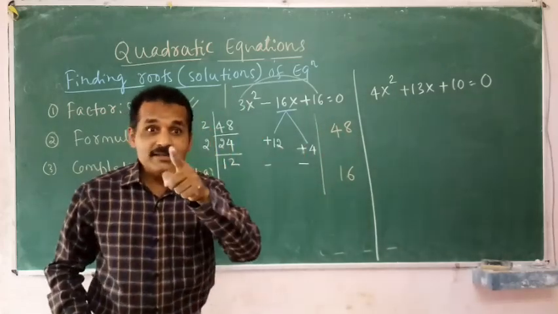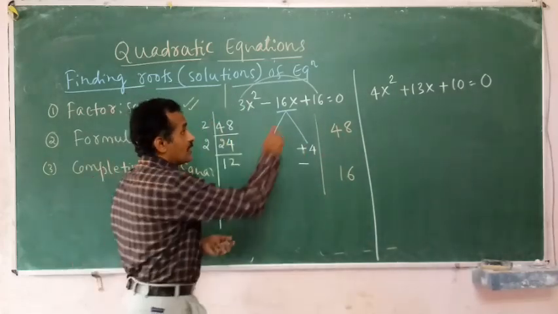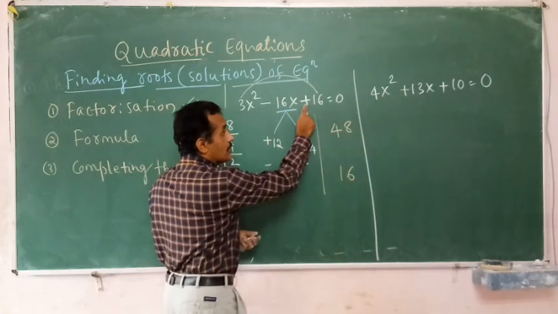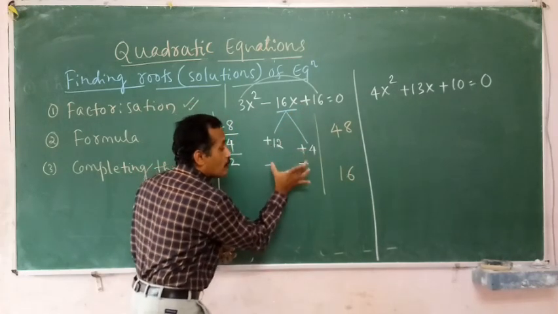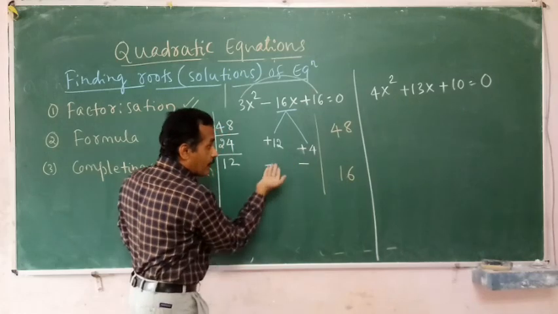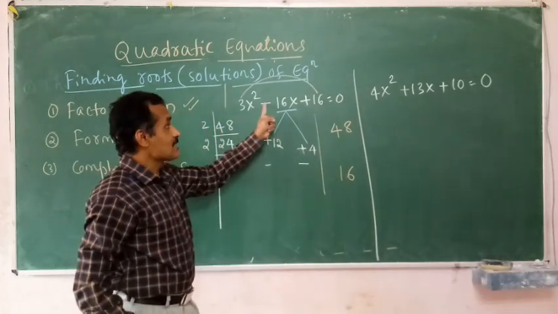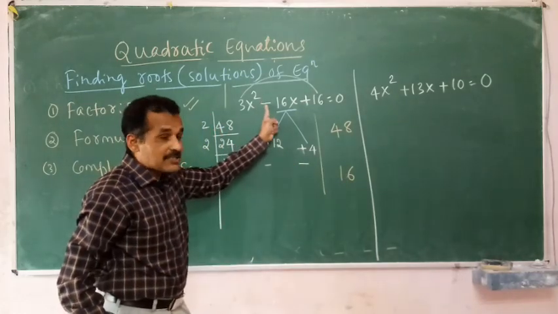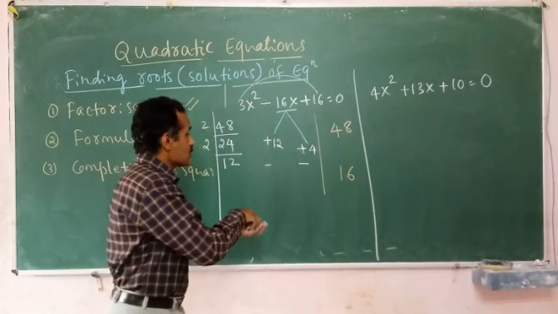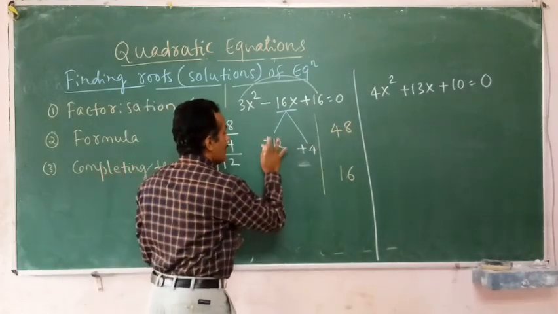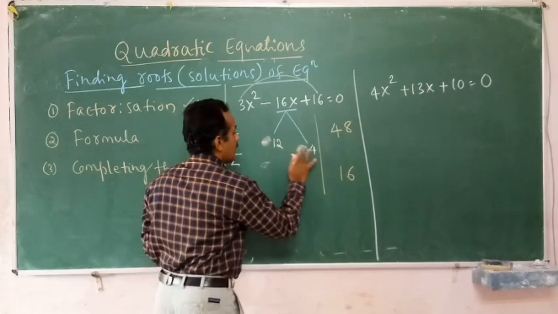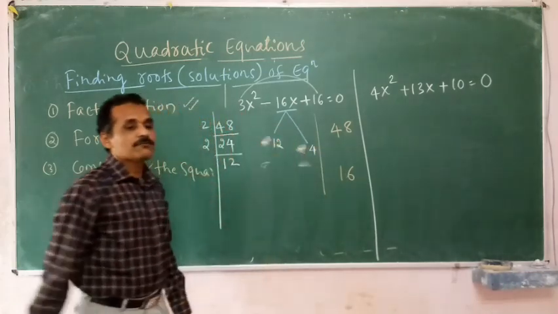But what about the sign? I have told you, when the last sign is positive, the middle terms will be both positive or both negative. But which one I have to choose will be decided by this sign. If this is negative, both must be minus. Middle terms are minus 12 and minus 4.